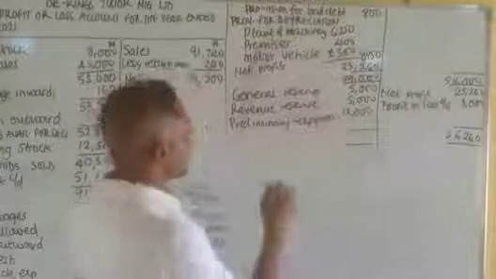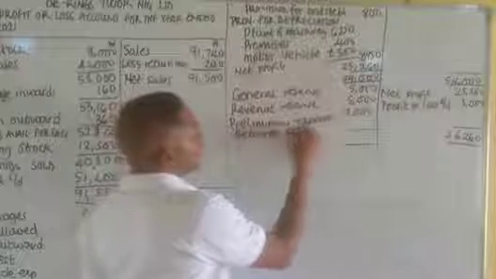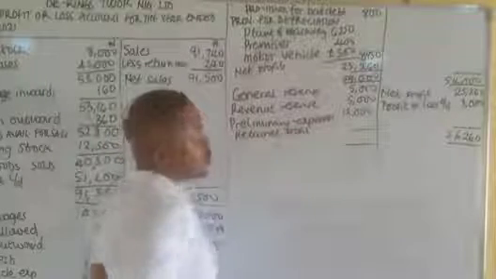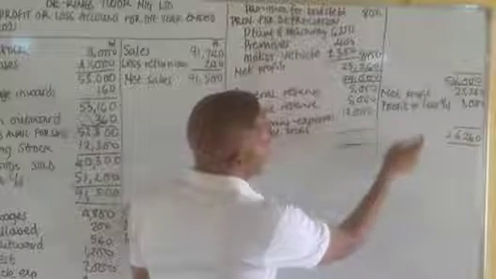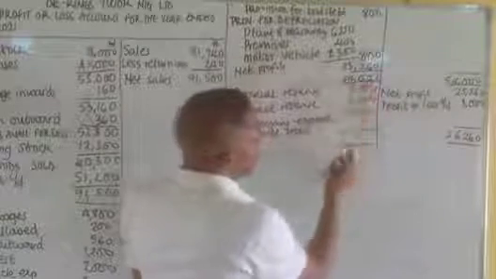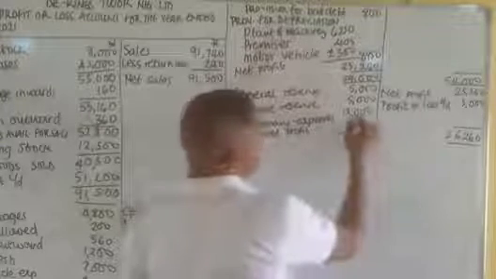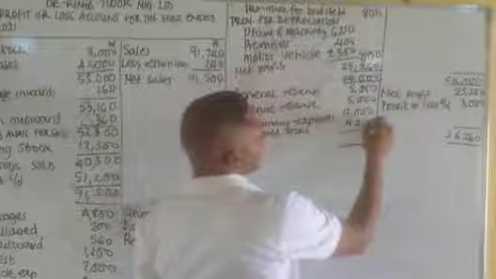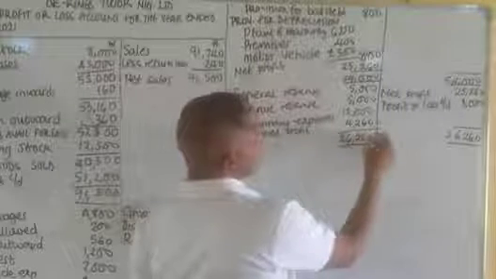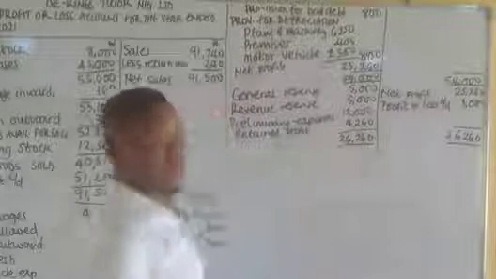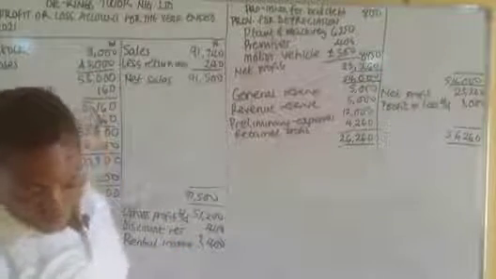So the balance is what we call retained profit or undistributed profit. So this minus all this will give us the balance, which is 4,260. So this becomes 26,260. Okay, so that is the profit or loss account.